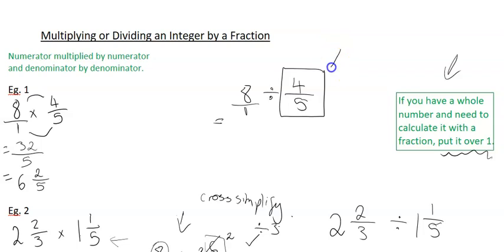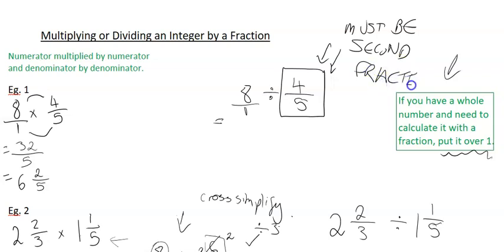Always the second fraction. I can't stress that enough. Must be the second fraction. Okay? Very important. The reason why I'm saying that is because otherwise it will not work. Okay? So you take that second fraction and you literally flip it upside down.